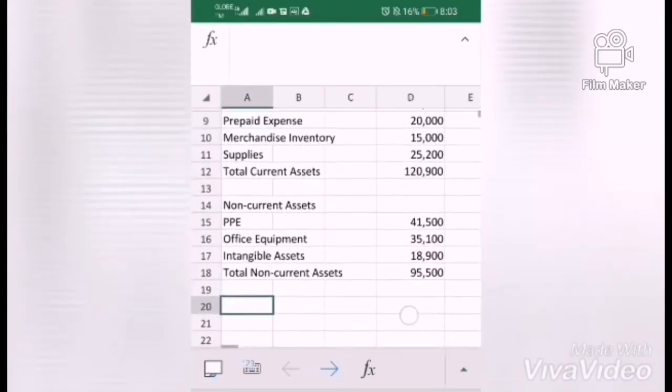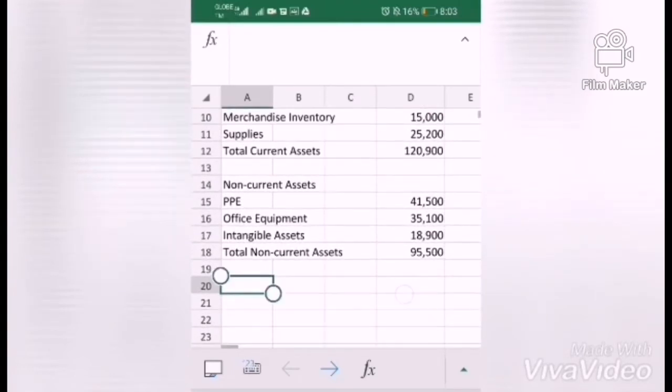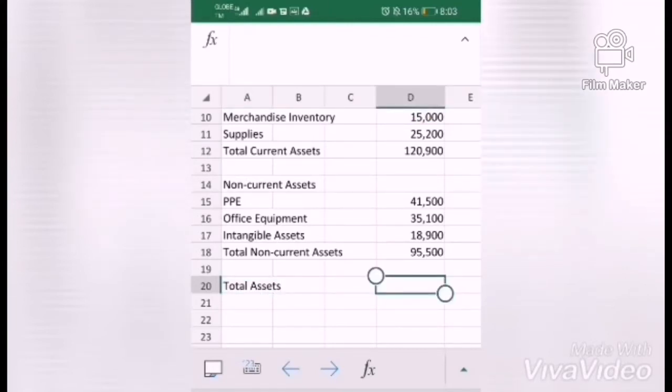Now, add the current assets and non-current assets, so it gives our total assets of 216,400.